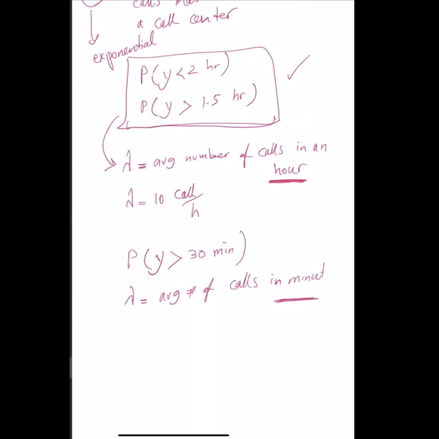Pay attention to that. If the question asks you the probability that y is greater than 30 minutes, then your lambda also should count the average number of calls that you can receive in minutes. They have to be the same. If here is hour, your lambda is in hour too. If here is in minute, your lambda is in minute too.